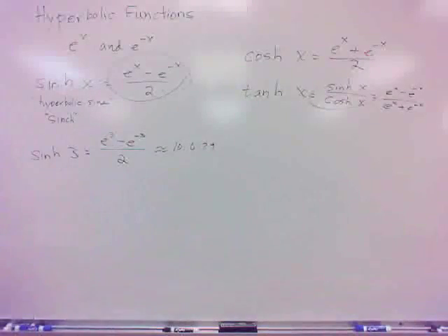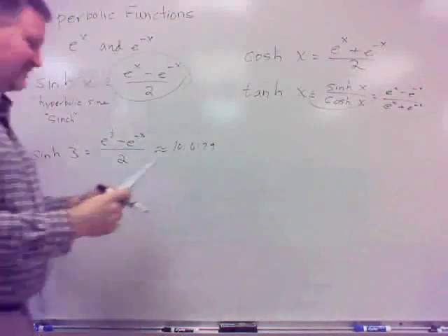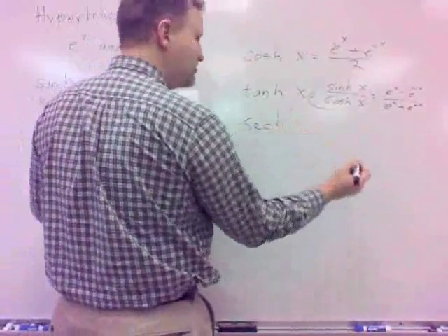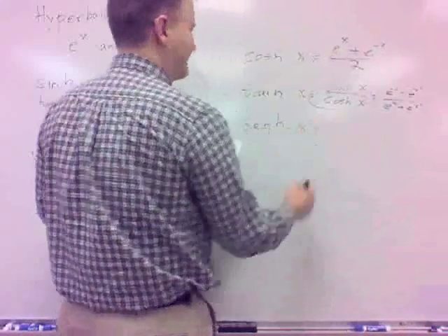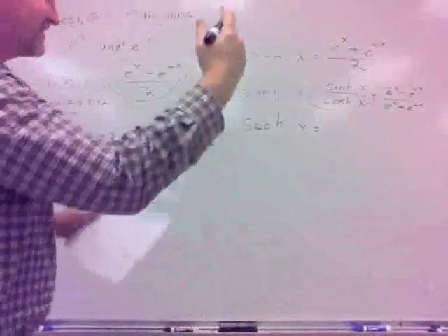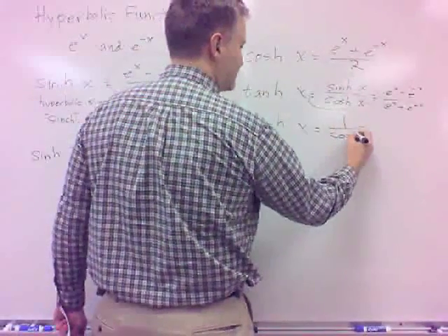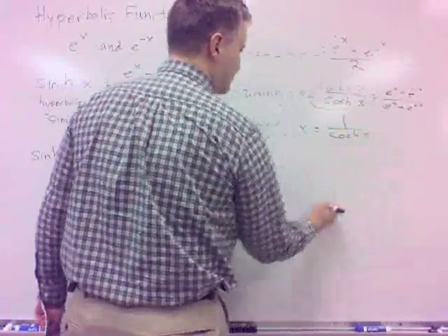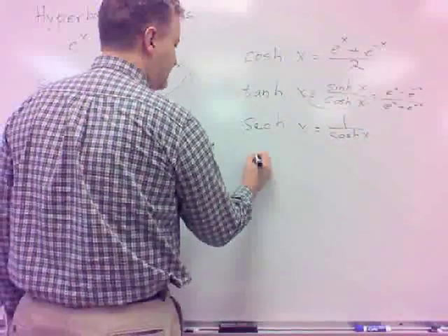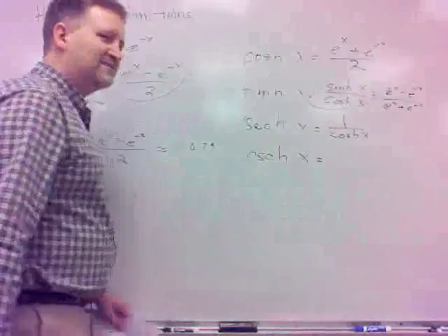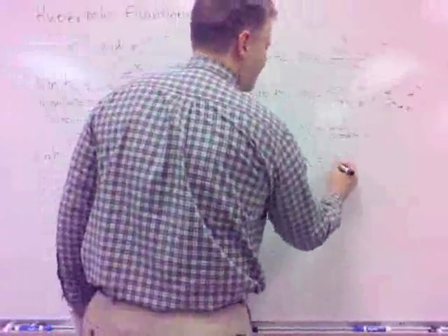right? Sinh over cosh. So guess what? The hyperbolic secant, sech, is 1 over the cosh. Just like secant is 1 over cosine, sech, hyperbolic secant, is 1 over cosh, and cosech, hyperbolic cosecant, is 1 over sinh.